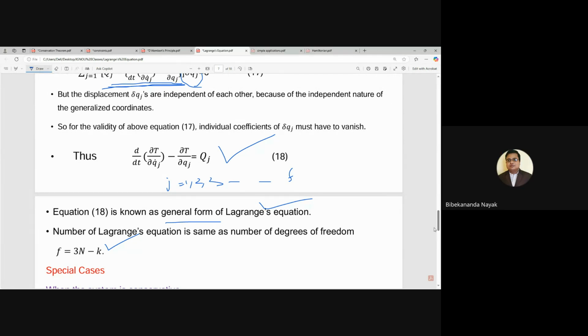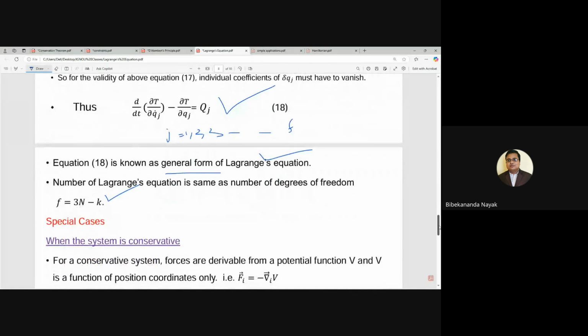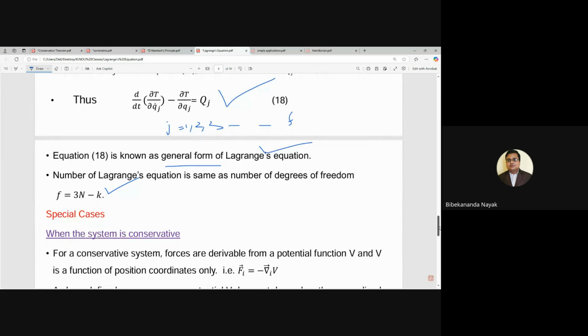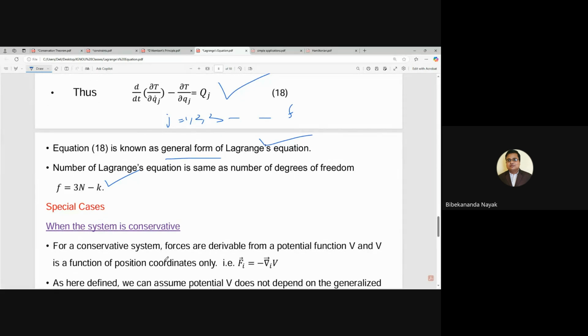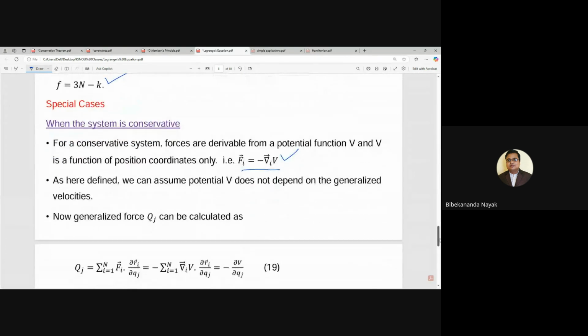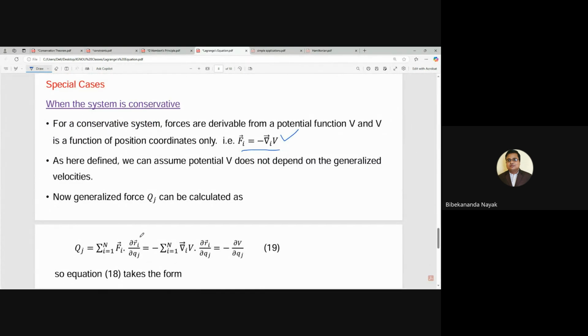Yes. The exact Lagrange's equation is actually for a conservative system. When the system is conservative, we know that forces can be derived from a potential, and F is the negative gradient of the potential: Fi is equal to minus ∇i V. So if I put that in, Qj has the form Fi · ∂Ri/∂Qj.